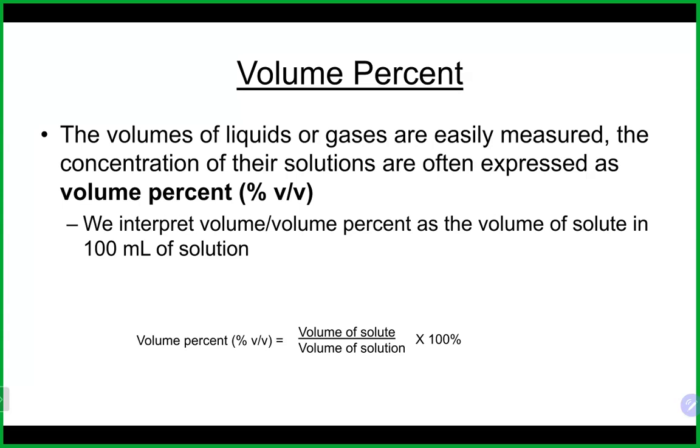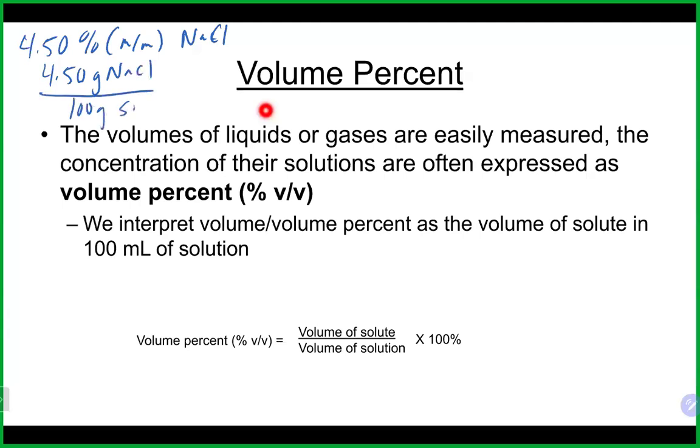For example, if we had our 4.5% mass to mass sodium chloride, like we were just talking about previously, we could turn that into 4.5 grams of sodium chloride in 100 grams of solution. Or again, obviously, you could flip it the other way.